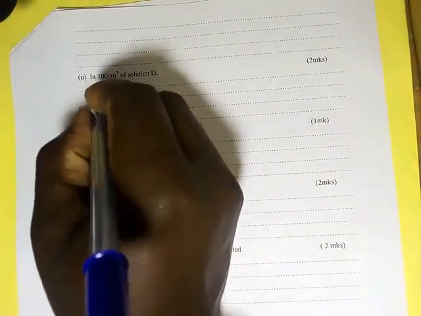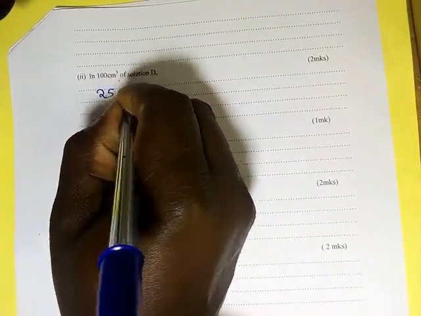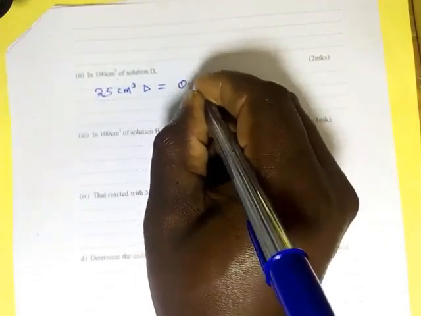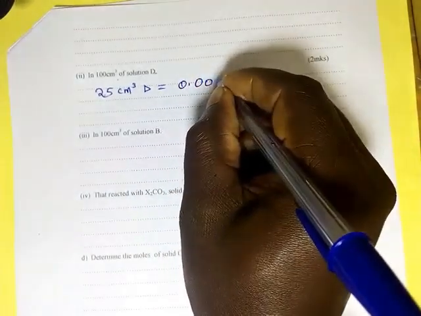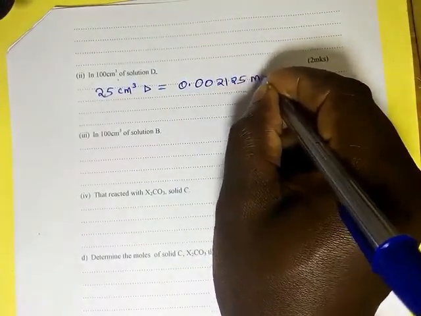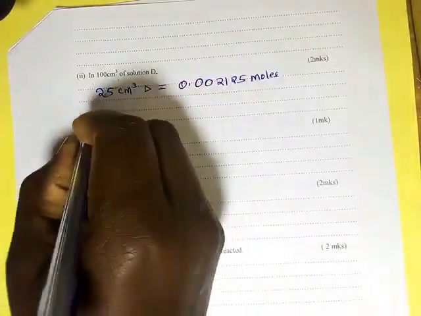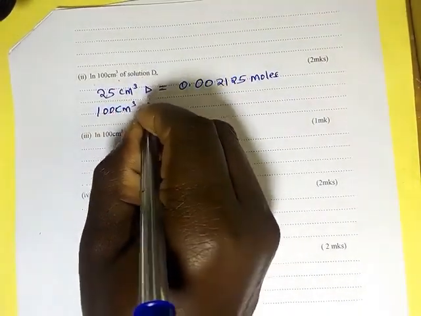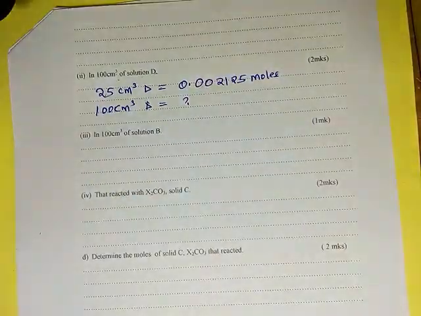So we ask, 25 centimeters cube of solution D contains 0.0022125 moles. 100 centimeters cube of solution D will contain how many moles?